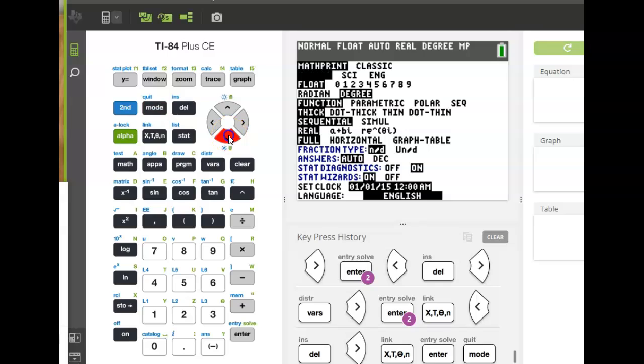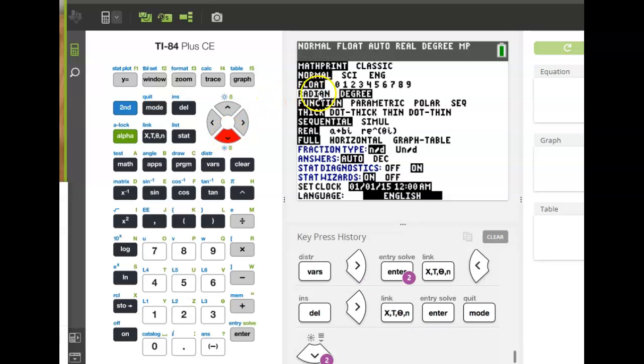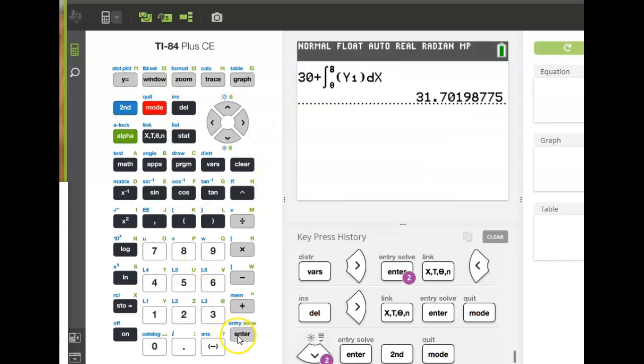So, if I type in radians, okay, let me try this again. That's not right.